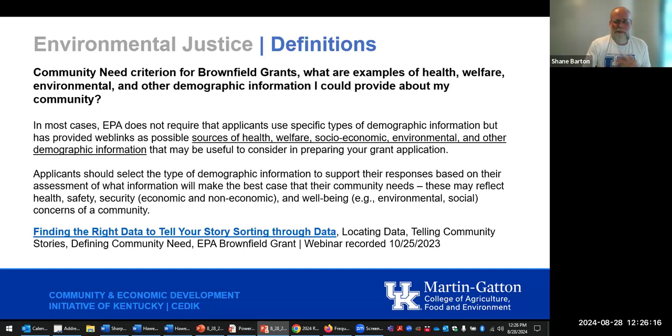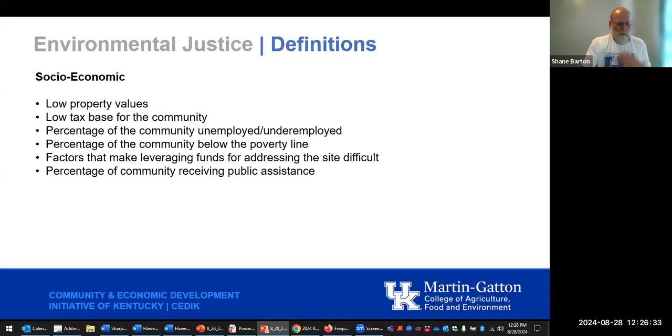But before we do that, I want to draw some specifics out about the types of data that you may not have considered as part of your bigger and broader environmental justice narrative and positioning your community in that application. When we're talking about socioeconomics, we're talking about property values or tax bases, unemployed, underemployed, poverty.